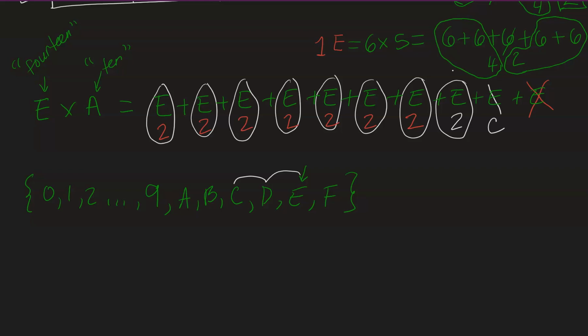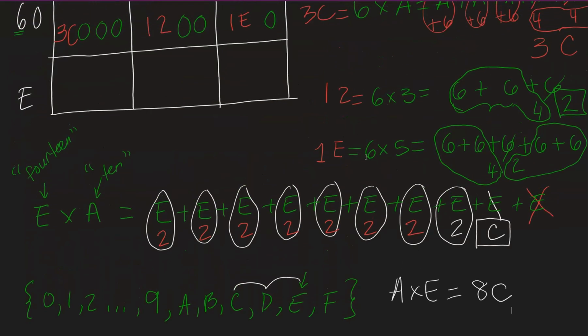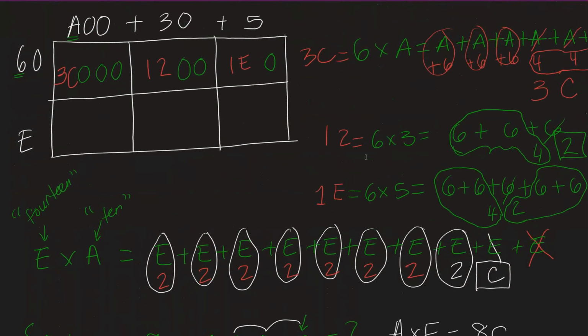I have 8 full groups of 16 and 1 C left over. So A times E is equal to 8C. All right, so let's go back to our problem here. A times E is 8C.